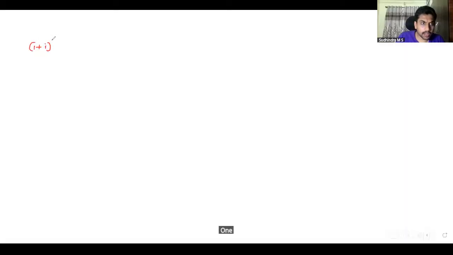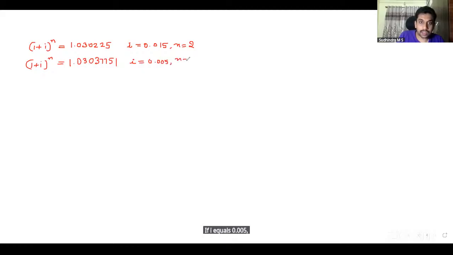Below that, they have also given us some hints. 1 plus I to the power n will be equal to 1.030225 if I is 0.015 and n is equal to 2, whereas 1 plus I to the power n is equal to 1.03037751 if I equals 0.005 and n equals 6.